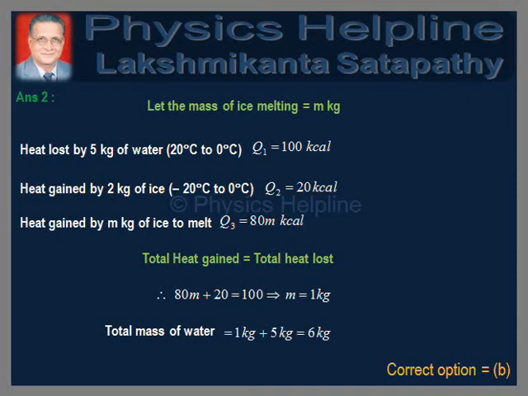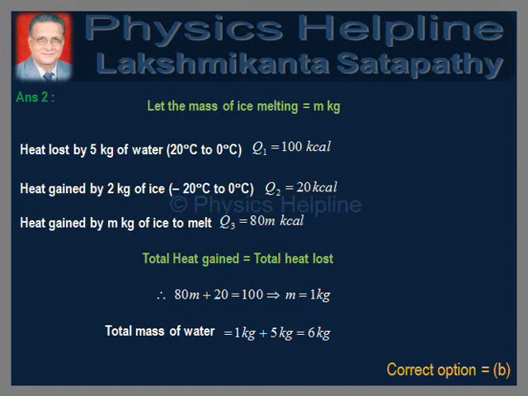We have already calculated the heat lost by 5 kg of water to cool from 20 degrees C to 0 degrees C, which is equal to 100 kilocalories. Therefore, we write Q1 is equal to 100 kilocalories. And the heat gained by 2 kg of ice from minus 20 degrees C to 0 degrees C is equal to 20 kilocalories.